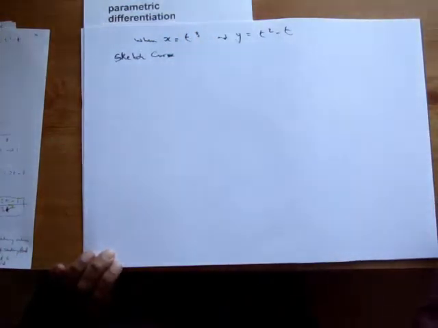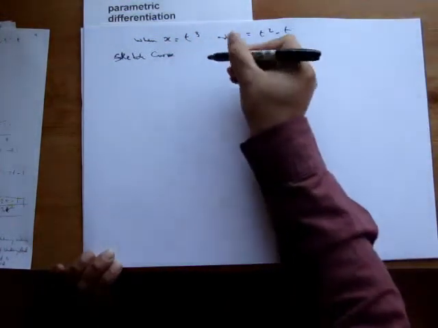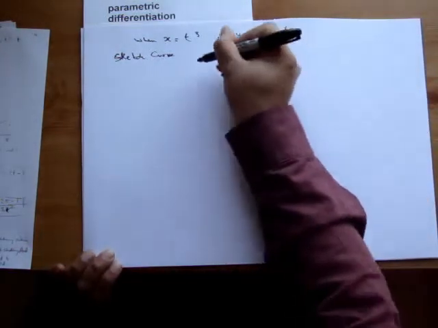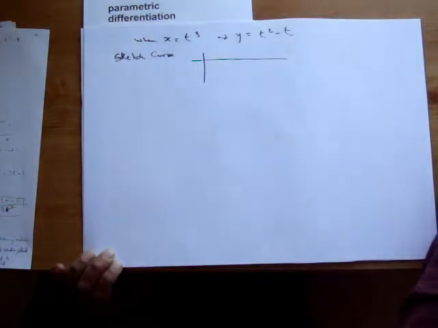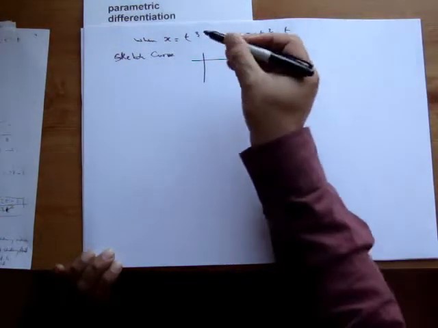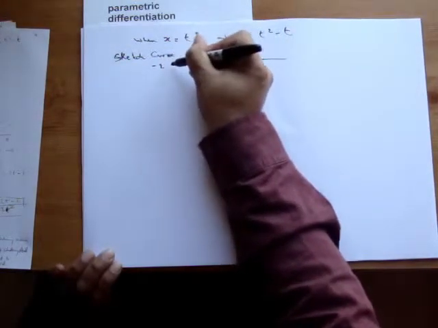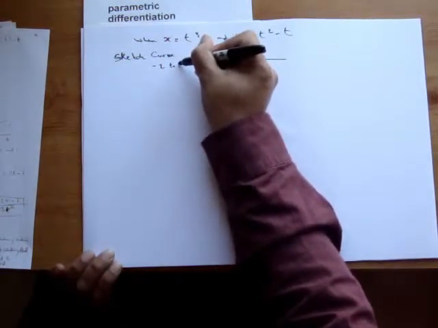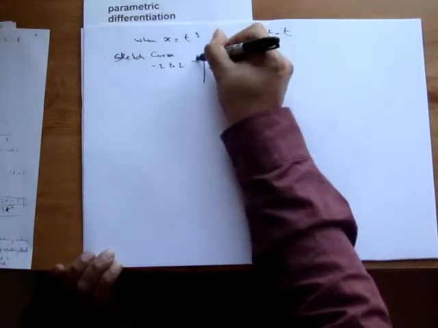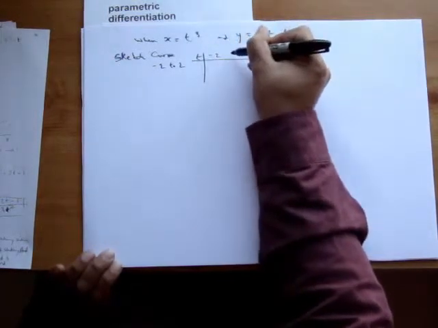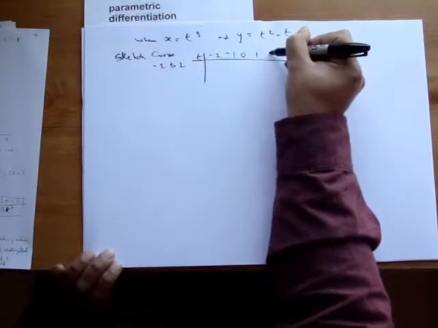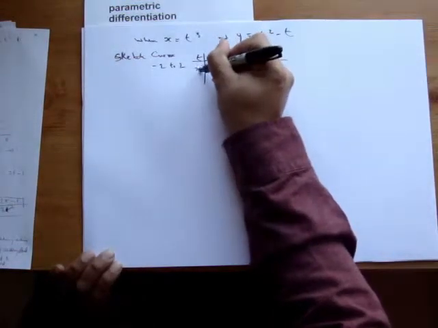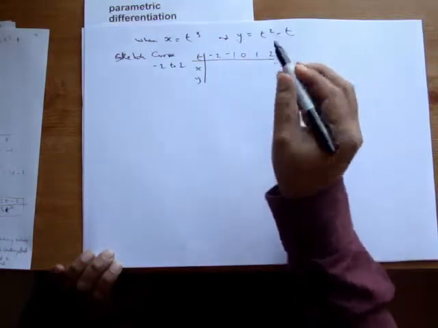So what do we do here? Choose values. If we're not given some limits, then just choose some values, say between minus 2 to 2. So we'd have minus 2, minus 1, 0, 1, 2, x values and y values.